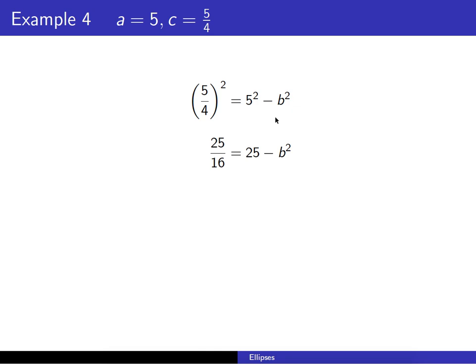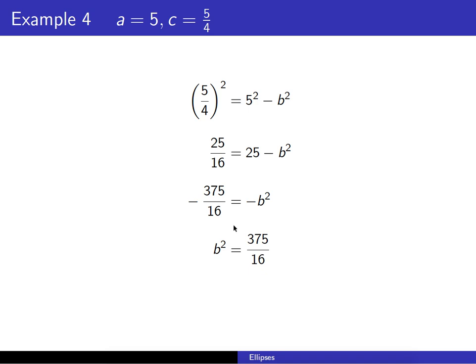So squaring what we can, 5/4 squared is 25/16 equals 25 minus B squared. When we subtract 25 from both sides, we end up with negative 375 over 16 equals negative B squared. And then dividing both sides by negative 1, we get B squared is 375 over 16.